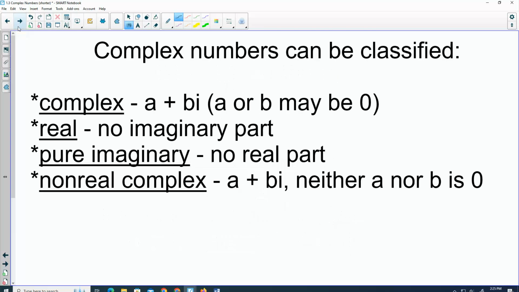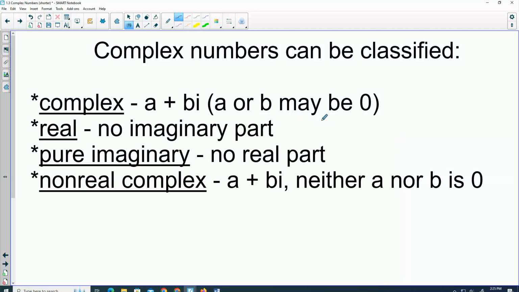All right. We can classify our complex numbers. In general, complex, we said, is anything of the form a plus bi. If it's a real number, that means you don't have an imaginary part.